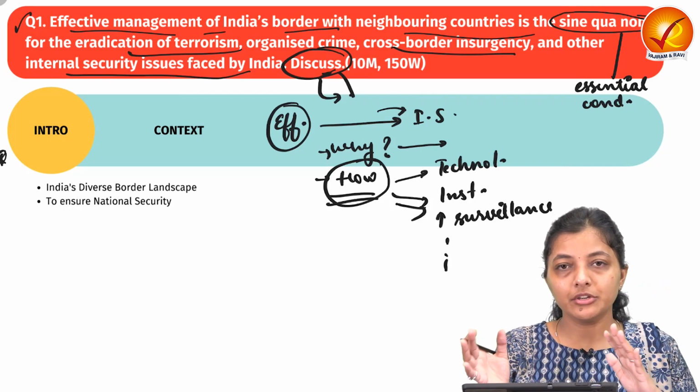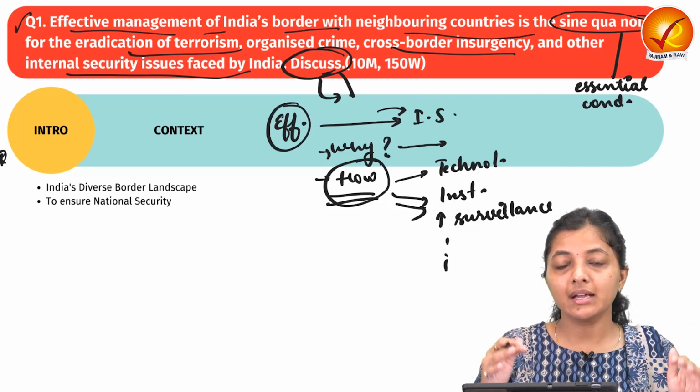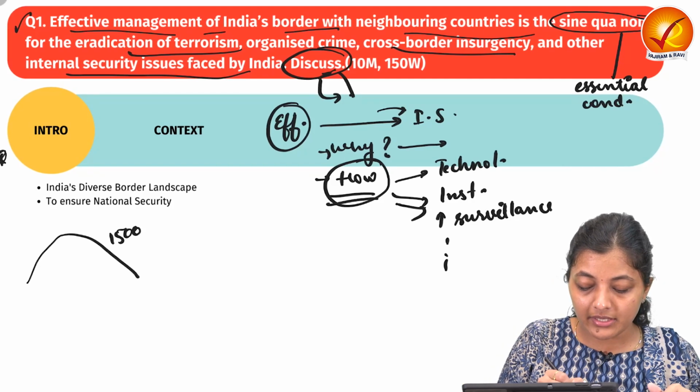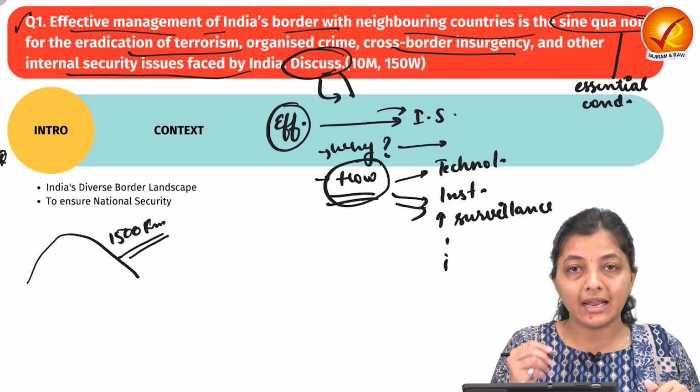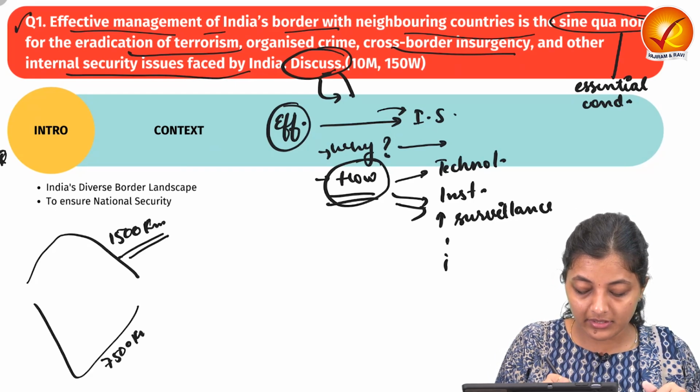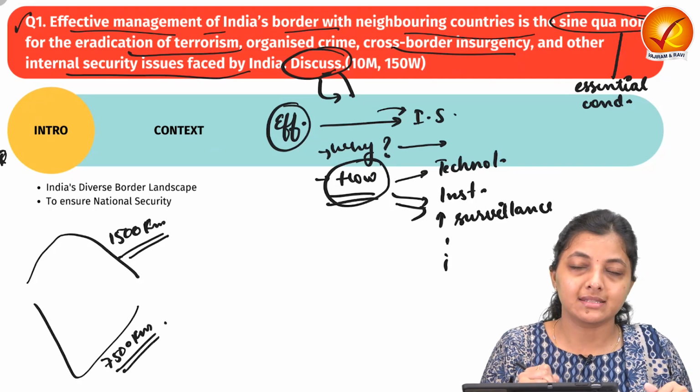In the introduction, you can write some background that India has an expansive border, approximately 15,000 kilometers of land border along 7 countries and 7500 kilometers of coastline.